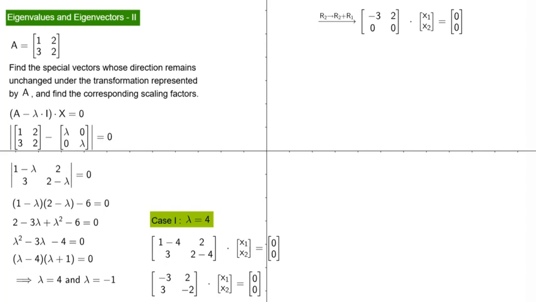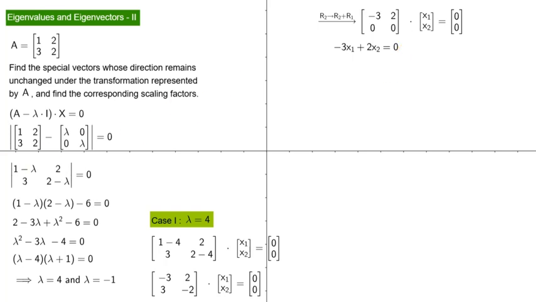So we have reduced the transformation matrix. Now here you notice that the rank of this matrix is 1. The number of variables, that is the components of the vector, is 2. So that means there is one free variable. Let's convert this into equation form.